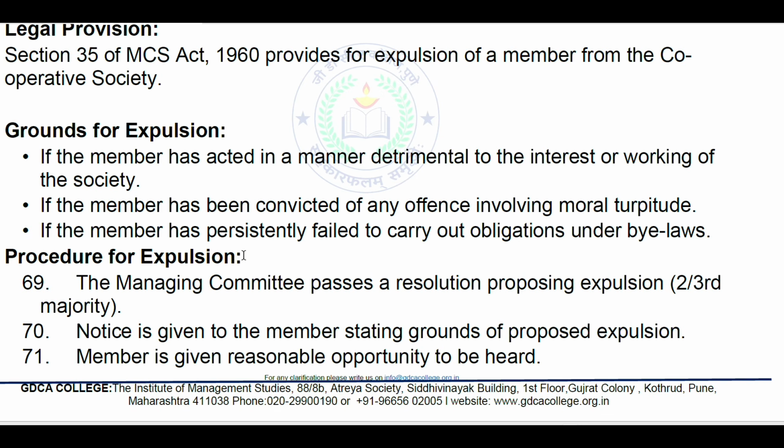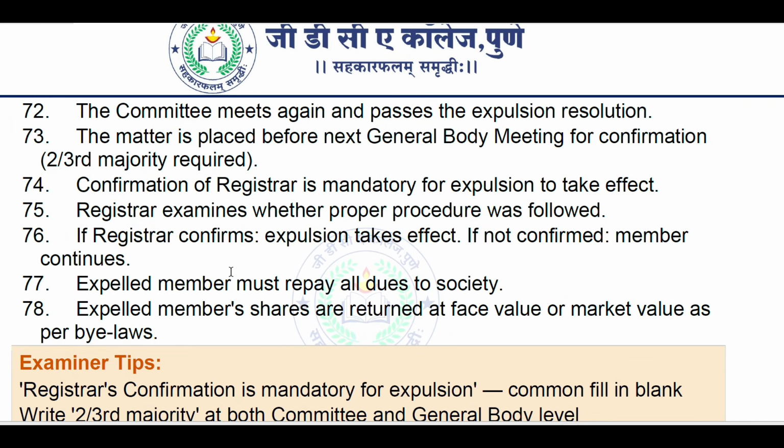The member is given a reasonable opportunity to be heard. The committee meets again and passes the expulsion resolution. The matter is placed before the next general body meeting for confirmation. That is again a majority matter, 2/3 majority required.